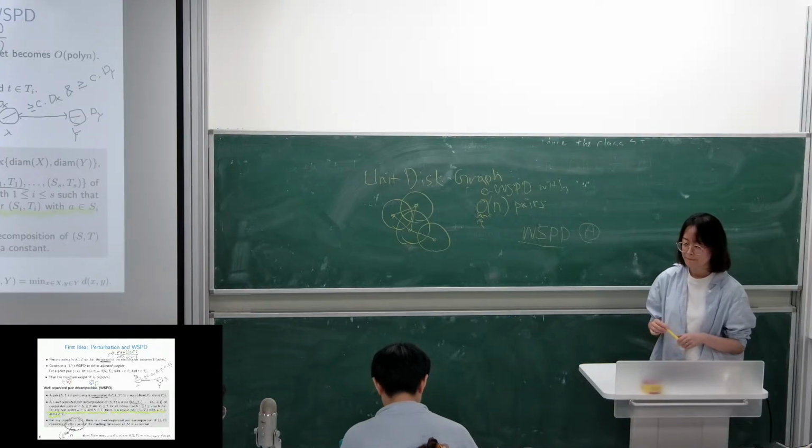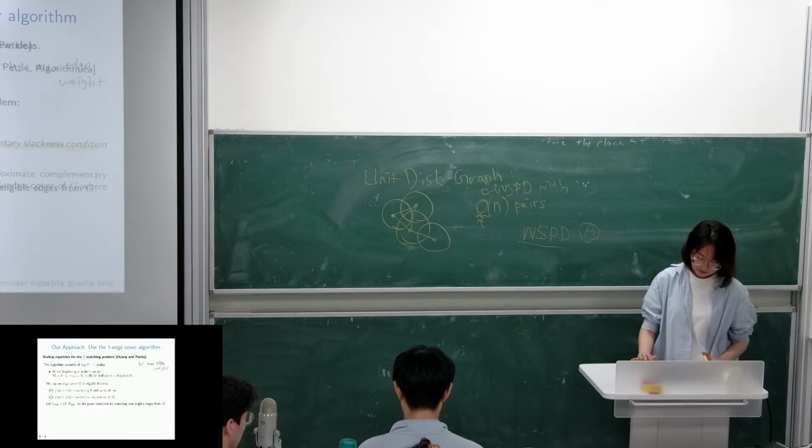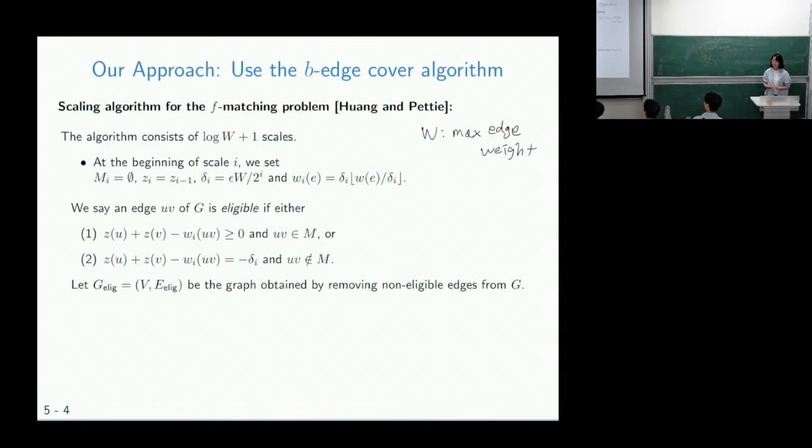About the eligible edges, it is formulated by the LP duality. So during the algorithm, do those values have fractional values? No, they are integers.